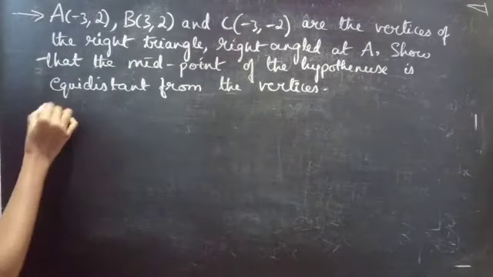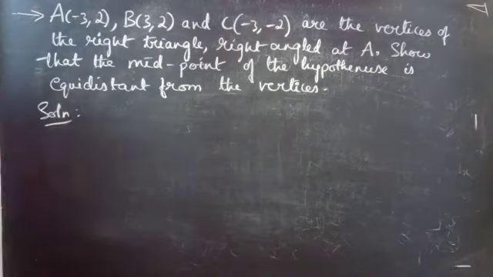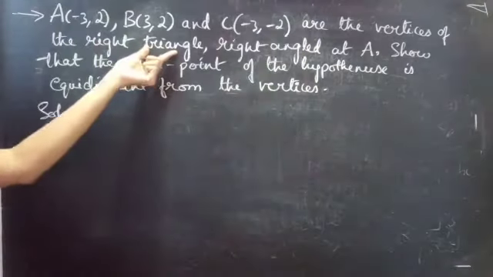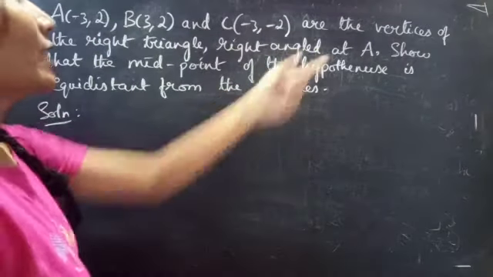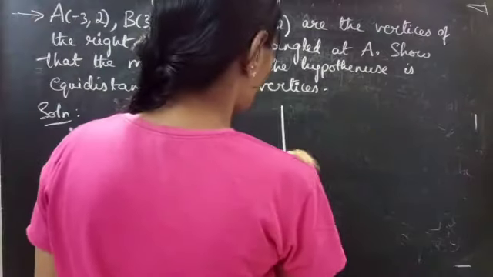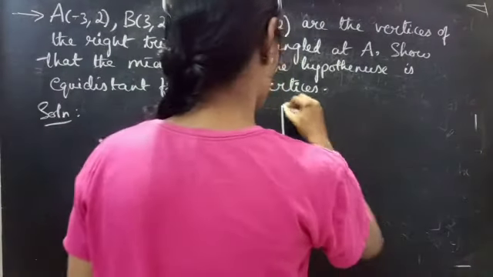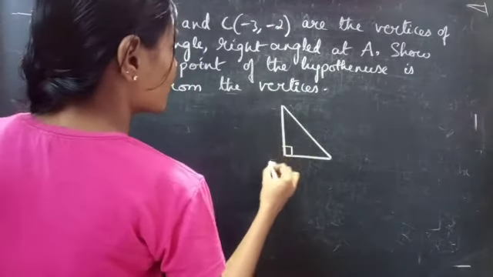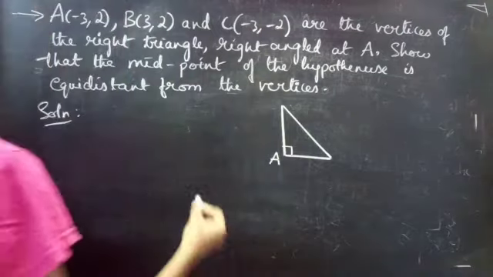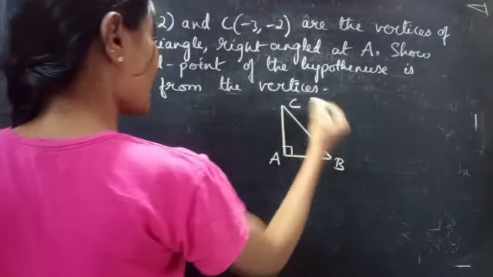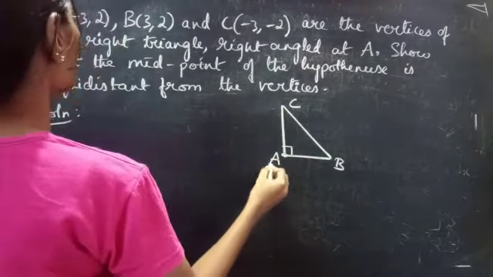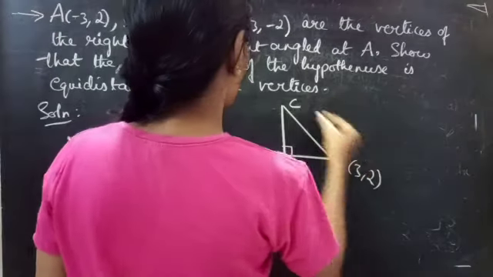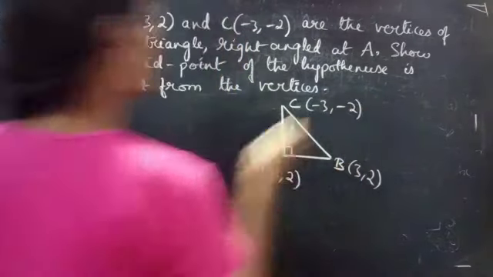Solution. So we are given A, B and C are the vertices of a right triangle, right angled at A. Now consider a right triangle, right angled at A. So you're having vertices A(-3, 2), B(3, 2) and C(-3, -2).